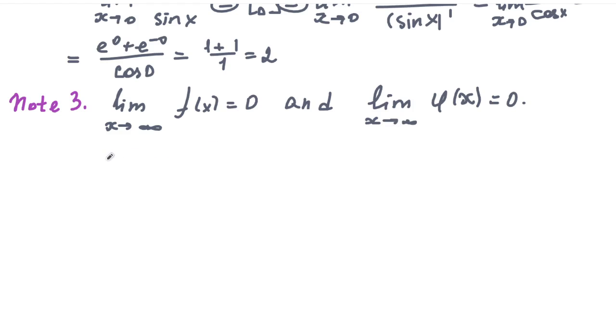Indeed, putting x is 1 over z, we see that z approaches 0 as x approaches infinity.